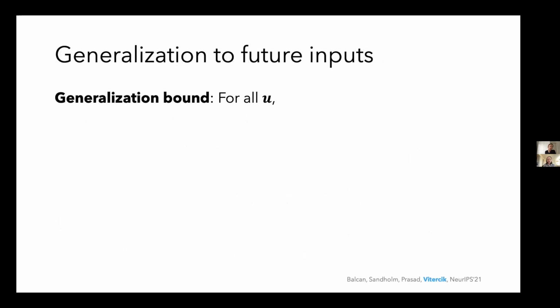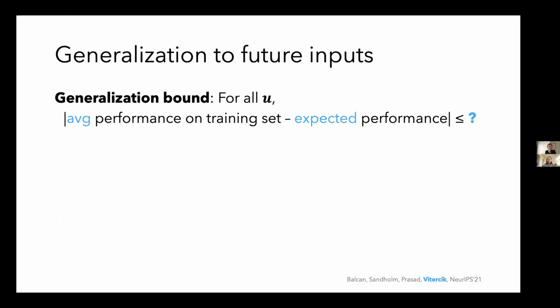Nonetheless, we are still able to provide positive provable guarantees. And in particular, we prove the following generalization bound, or sample complexity bound, which tells us, for any choice of these CG cut parameters u, what's the difference between branch and cut's average empirical performance on the training set after applying that cut defined by u and its expected performance on this unknown distribution?